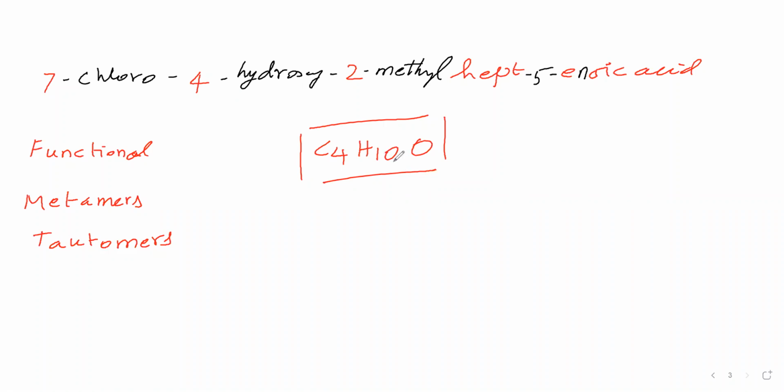Now, what is the molecular formula given? C4H10O. For this molecular formula, what are the possible isomers that we have to write?